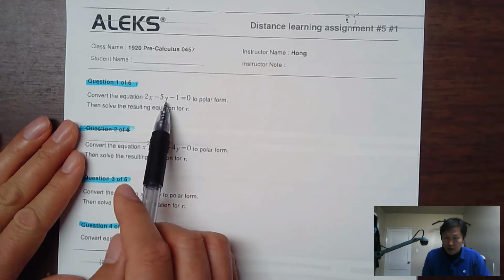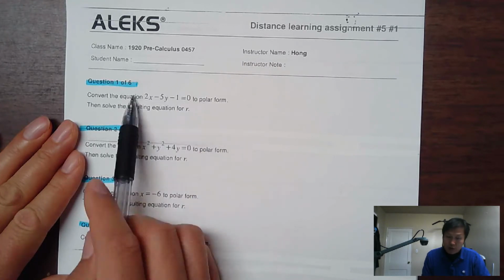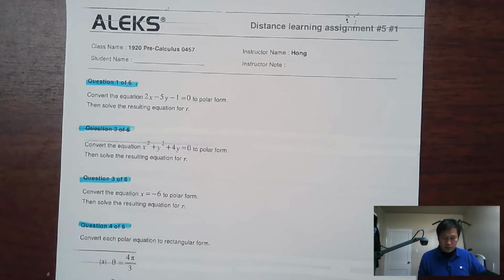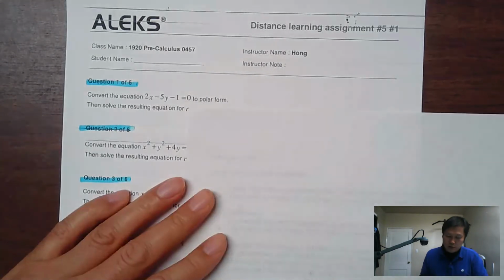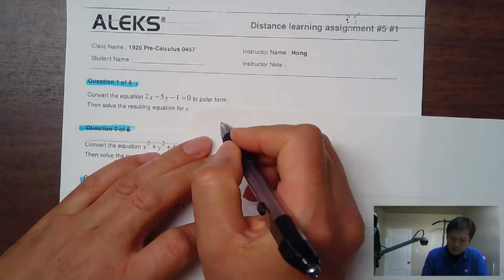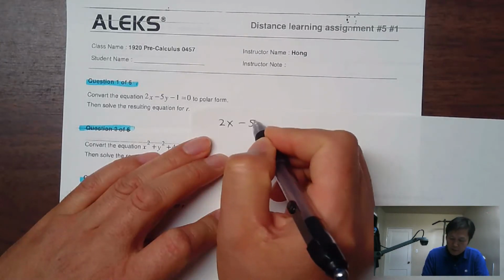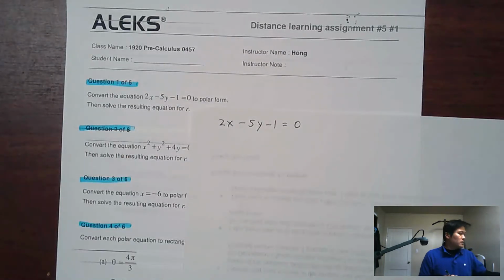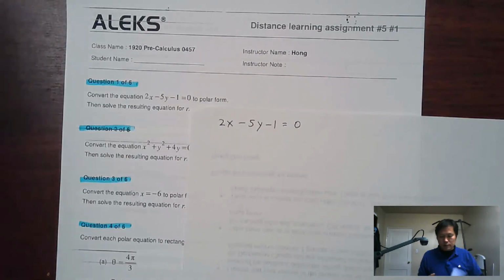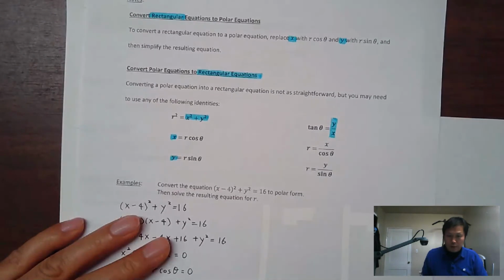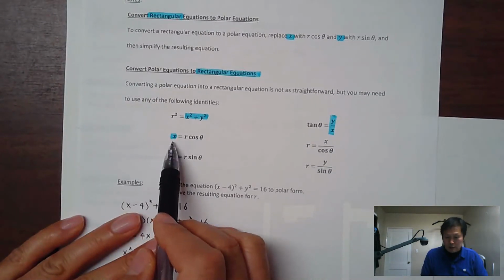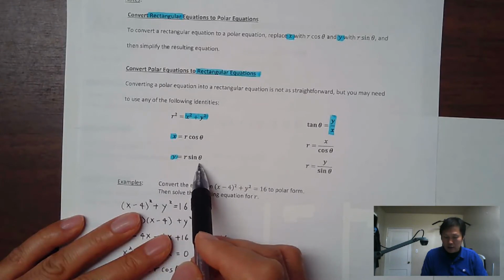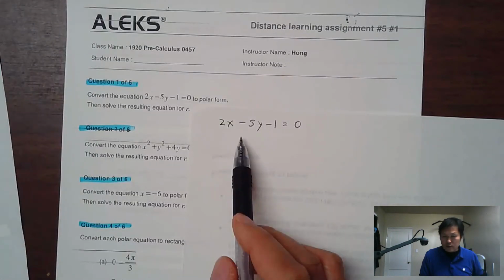Again, we have x and y, so you should know this is rectangular coordinates. How do you change it to polar coordinates? This is a lot simpler question. Looking at the formula paper, x is equal to r cosine theta, y is equal to r sine theta.